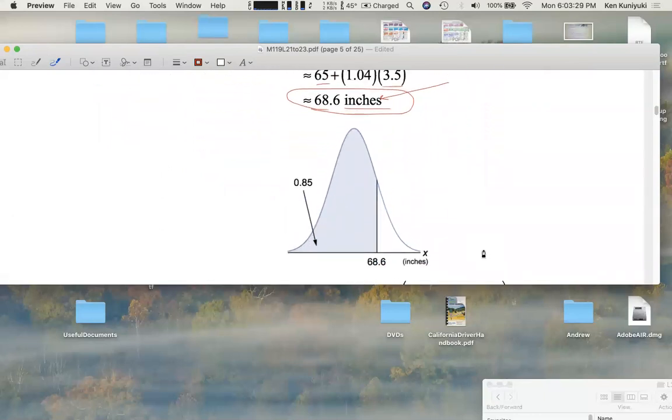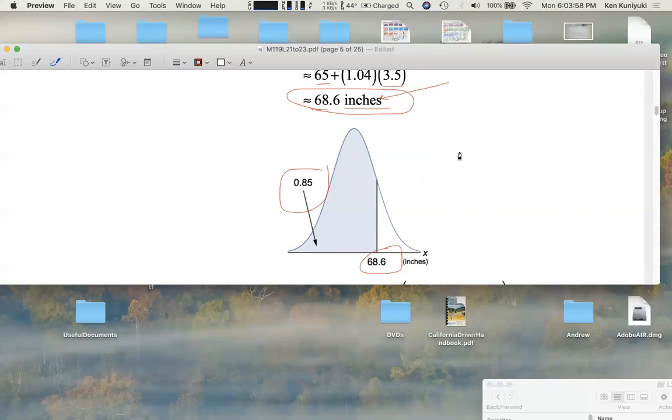So here's the picture for the x distribution. What is the x-score, the actual height, that gives us 85% or 0.85 area or probability to the left, the cumulative probability, about 68.6 inches. So an American woman who is 68.6 inches tall, about 5 feet, 8.6 inches tall, that woman will be taller than about 85% of all American adult women.